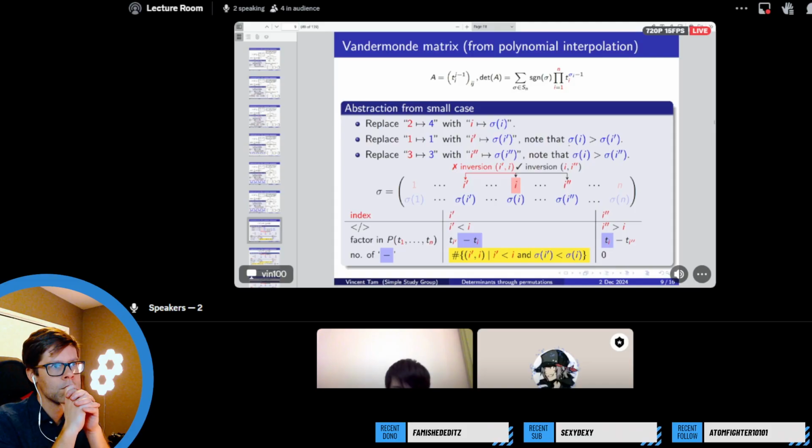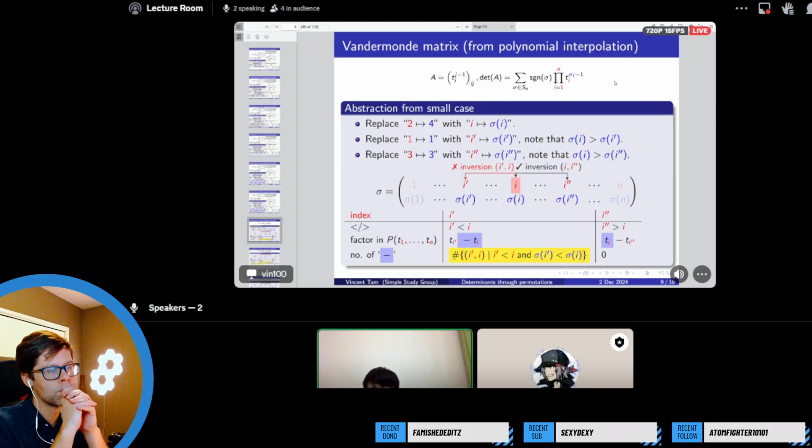Since there are sigma i minus 1 blue values that are smaller than sigma i, that is, 1, 2, 3, and so on up to sigma i minus 1, those sigma i minus 1 values are strictly smaller than sigma i. That's why the degree of Ti is sigma i minus 1.